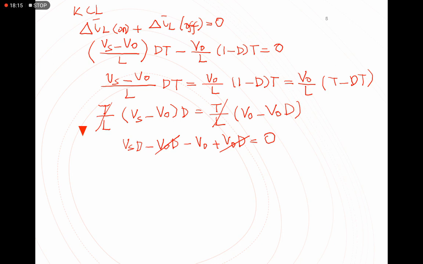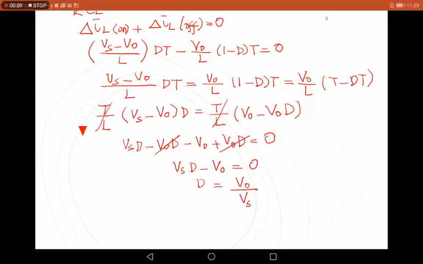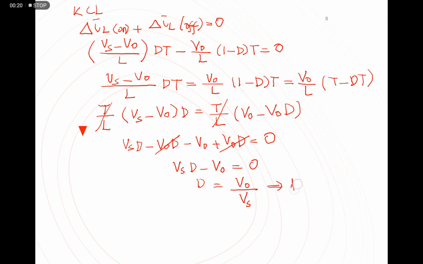Then you have Vs D minus V0 equals 0, so you bring V0 to the other side. So your duty cycle will be equal to V0 over Vs. This is how you should get your duty cycle.